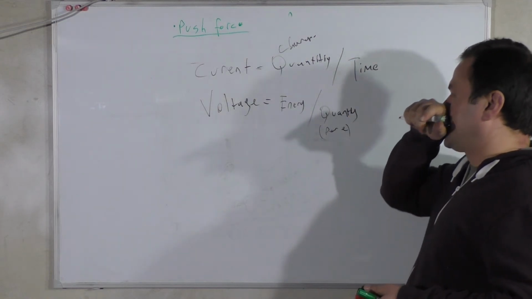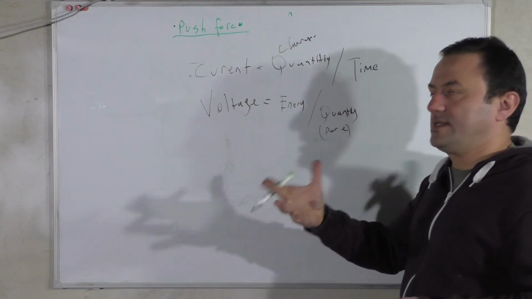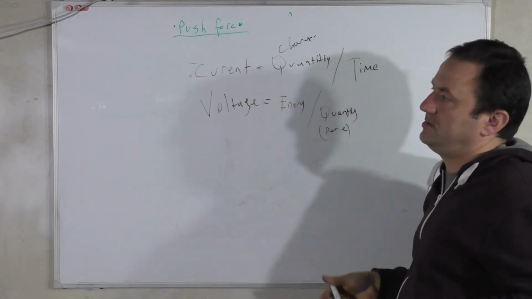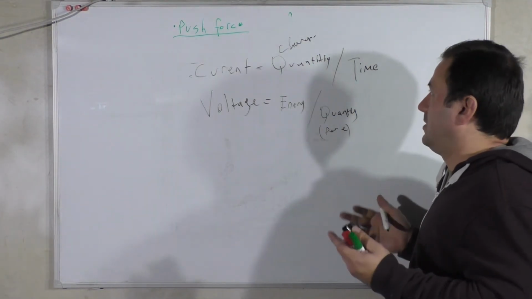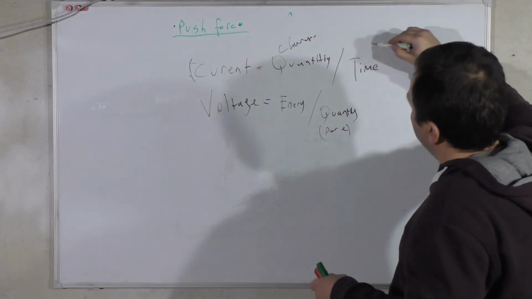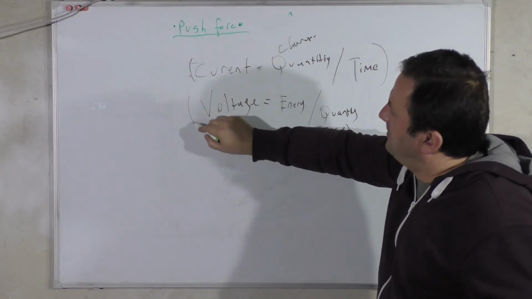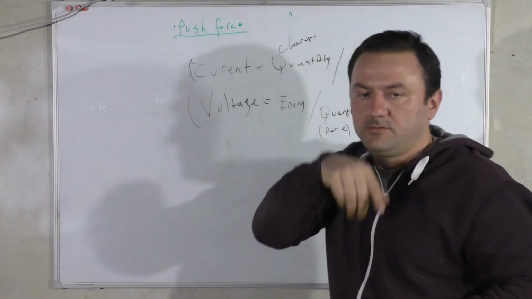One of them describes quantity in 1 second; of course we must think in time, but I am talking shortly. The other describes the energy or push force of electrons. So we will do our experiment now.